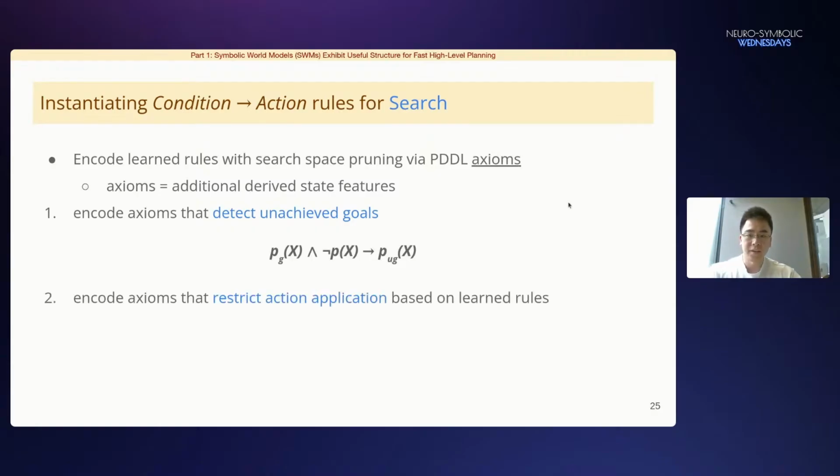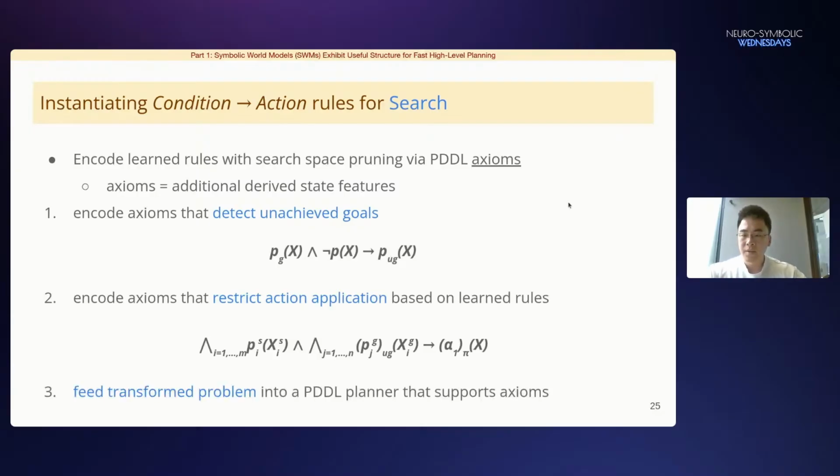Next, we can also encode axioms that restrict action application based on the learned rules. In this way, we can restrict the number of actions that we can apply in any given state. And the good thing about this approach is that it scales with the state of the art, because we can simply feed this transformed problem into any PDDL planner that supports axioms.